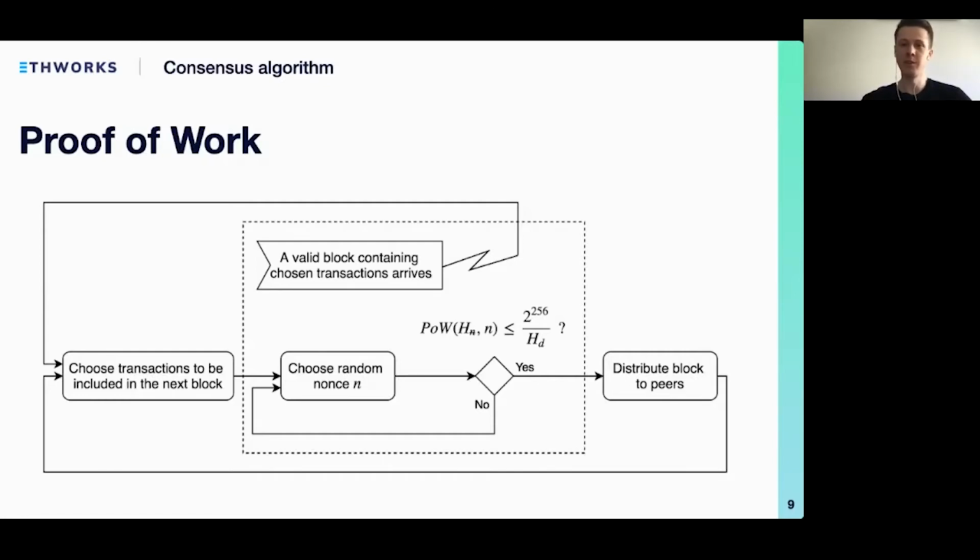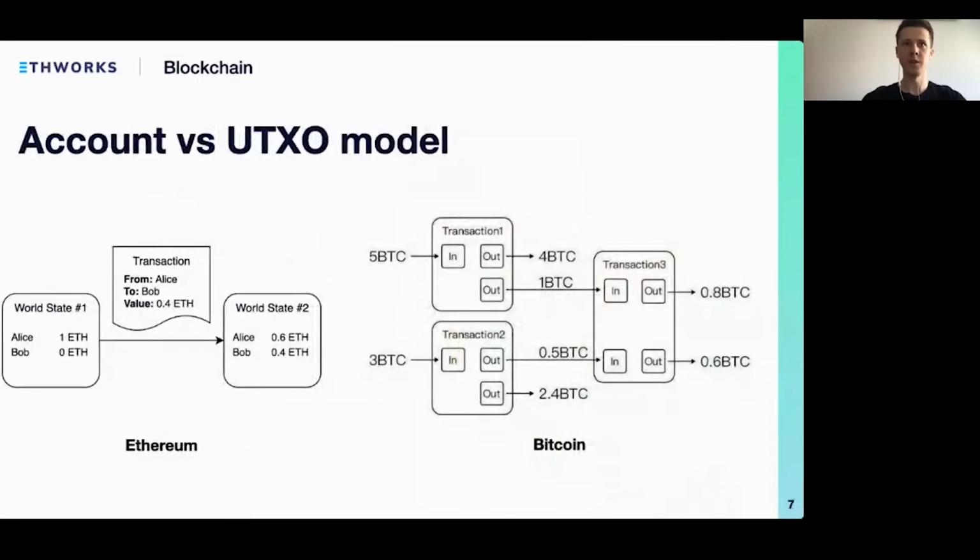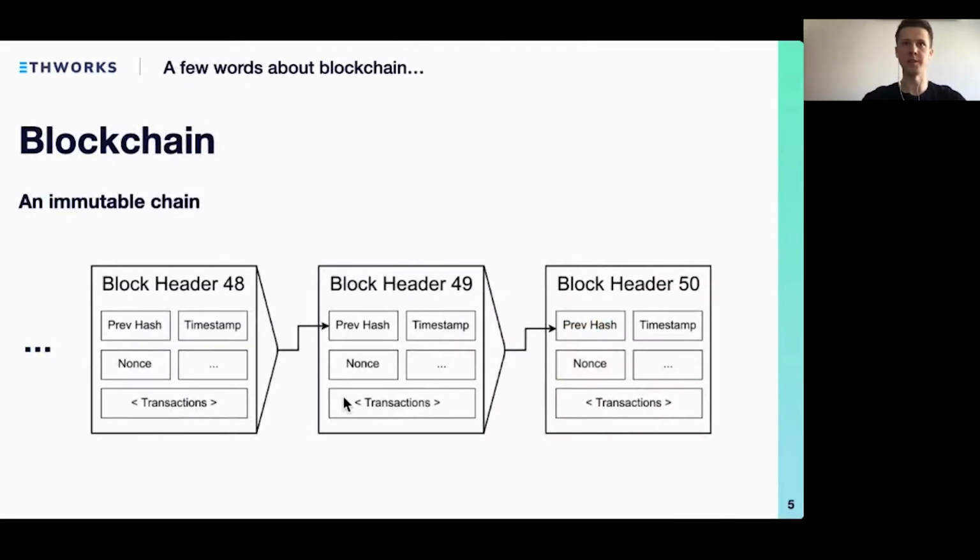You randomly choose data that you set as input and hope to get the output. In this case, the input is the block data and an additional field of the block, which is called nonce, that you choose randomly. This nonce was present here in the block header.